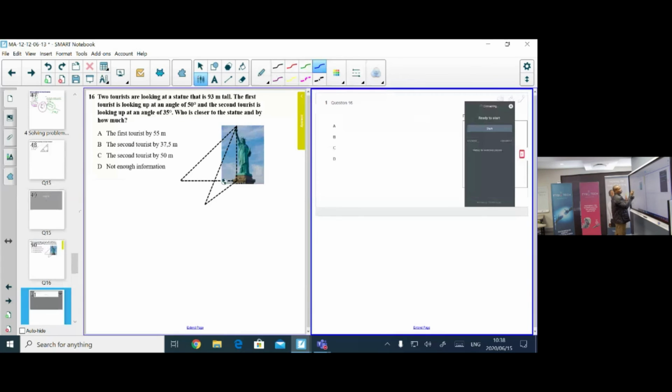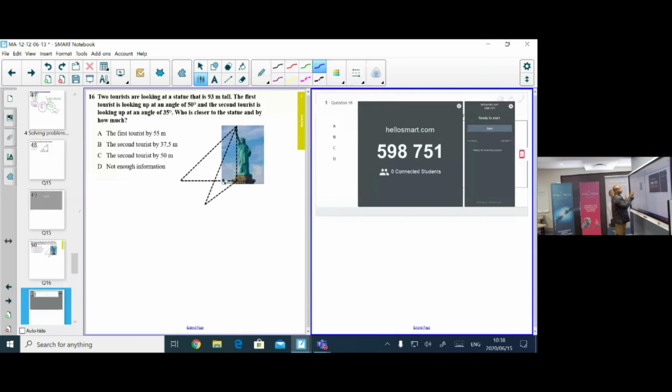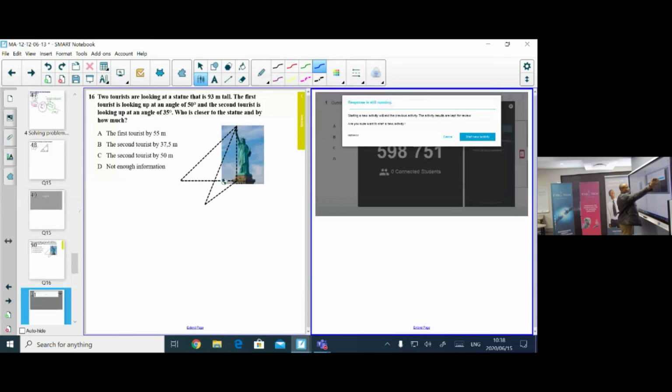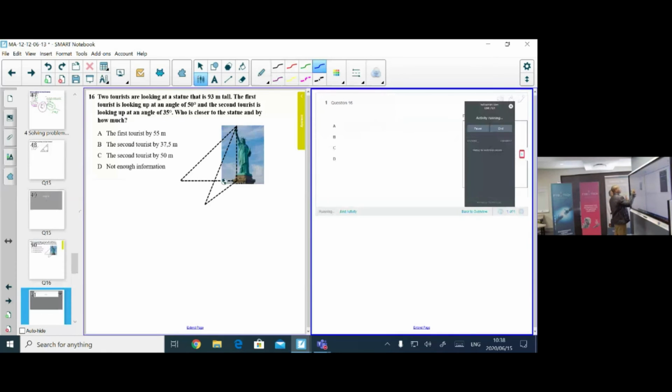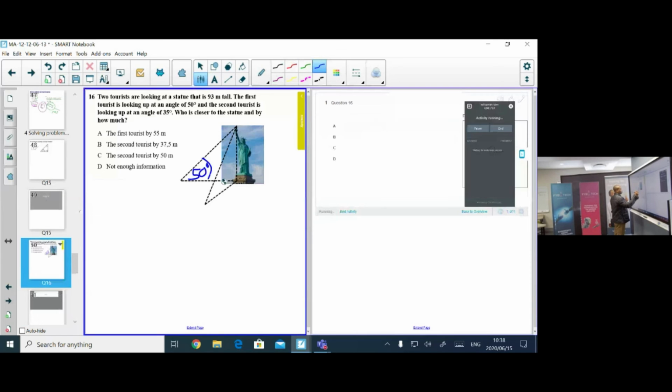This would be the two tourists. So the one is 50 degrees and the other one, the angle of elevation is 35 degrees.